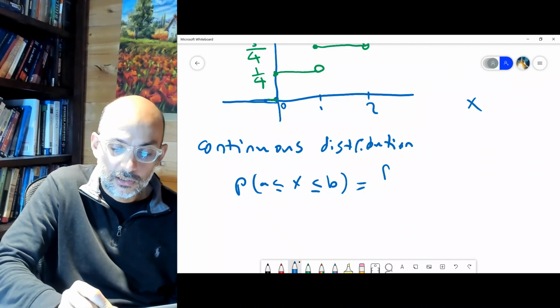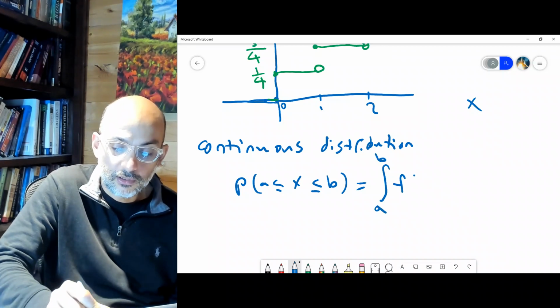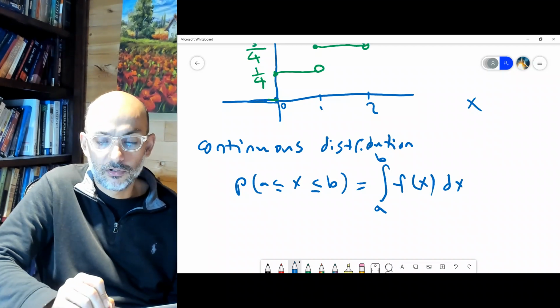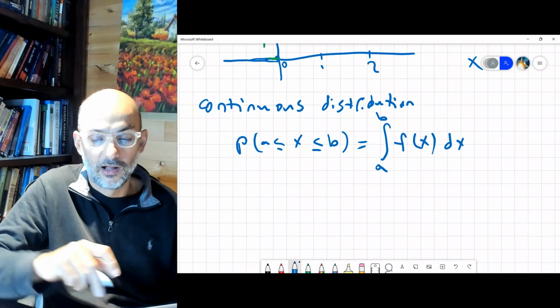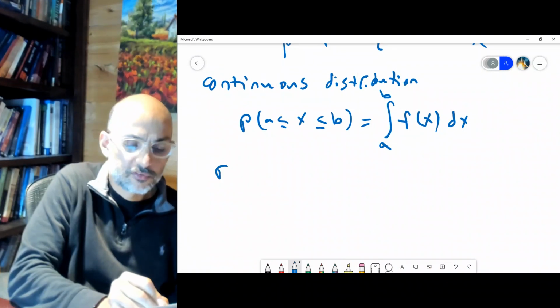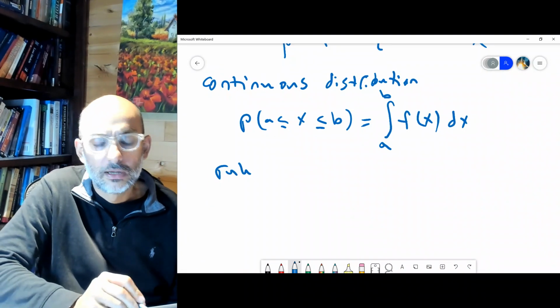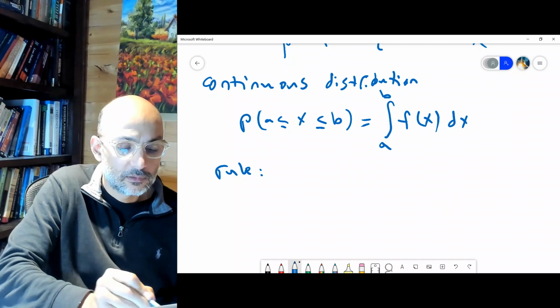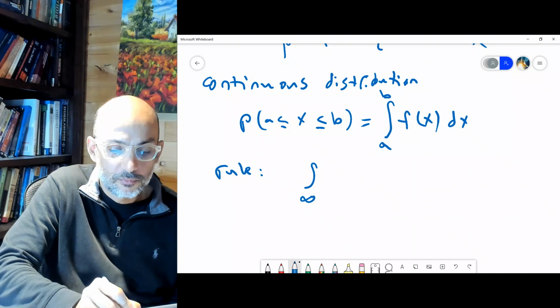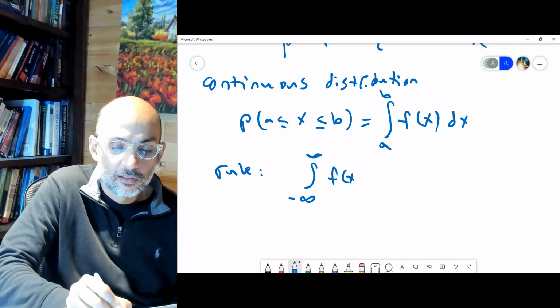Usually we have to integrate here, from a to b of f of x dx, and this will give us the probability over a defined interval. So the same rules apply. Remember, if you add all the probabilities, but here we don't use summation, we use integration of all probabilities from negative infinity to positive infinity of f of x, this must give us 1.